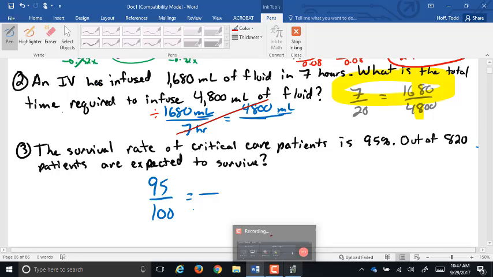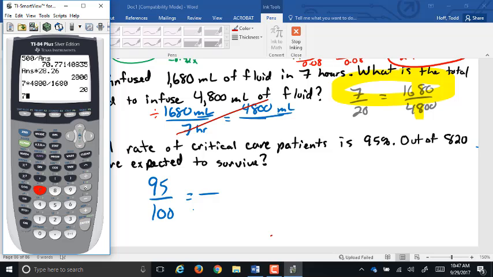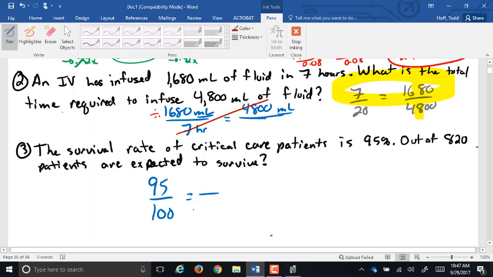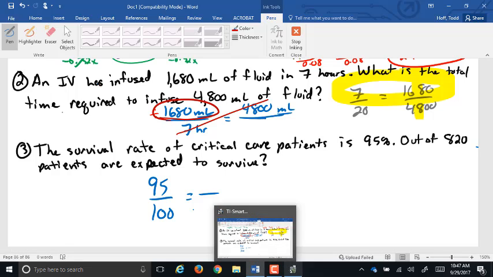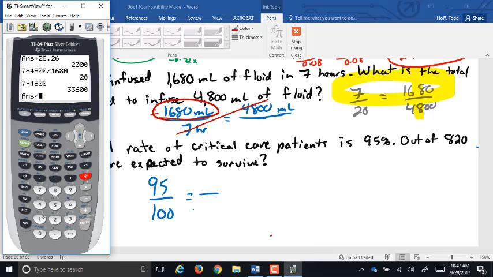So we would multiply those. 7 times 4,800 gives us the 33,600. And then we divide by the number that's on the other diagonal, the 1,680, which gives us the 20.